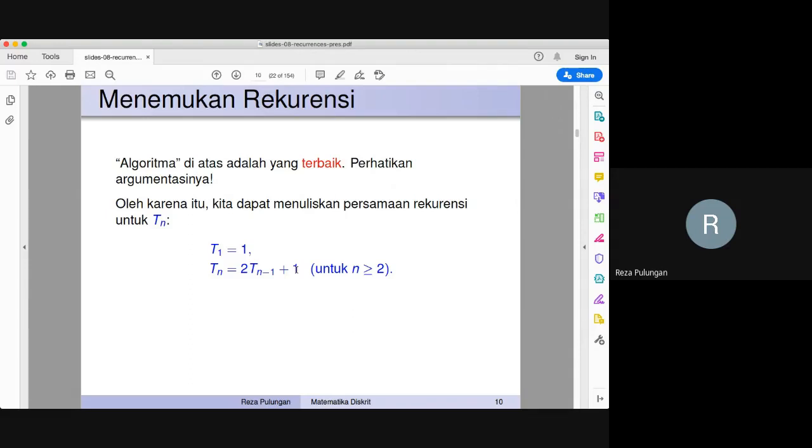It is actually a better idea to use function notation instead of this one. I know, but this slide is a little bit old. If you want to use a function later on, this will help us clarify things. So instead of a subscript like this, you just write T as a function.